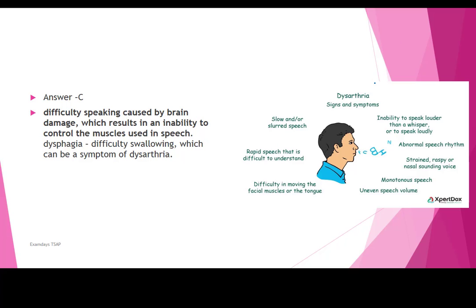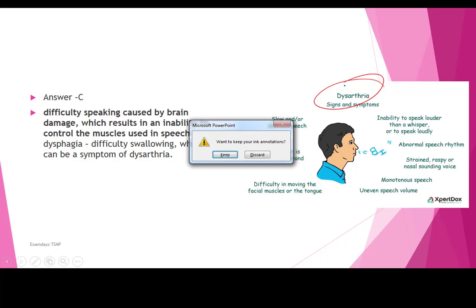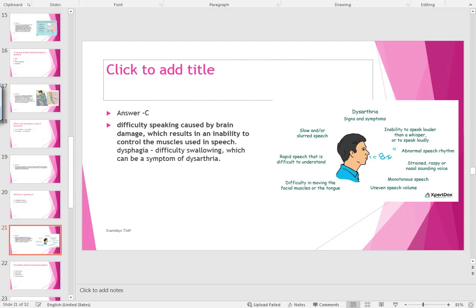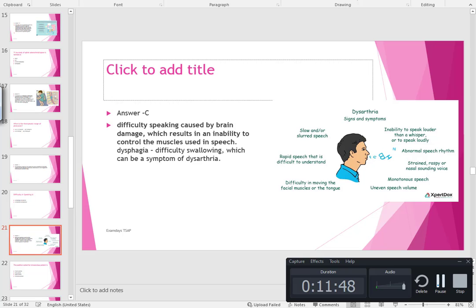Its signs and symptoms are slow and slurred speech, or rapid speech that is difficult to understand, abnormal speech rhythm, or uneven speech volume. This is the exact information as given for explanation purposes.